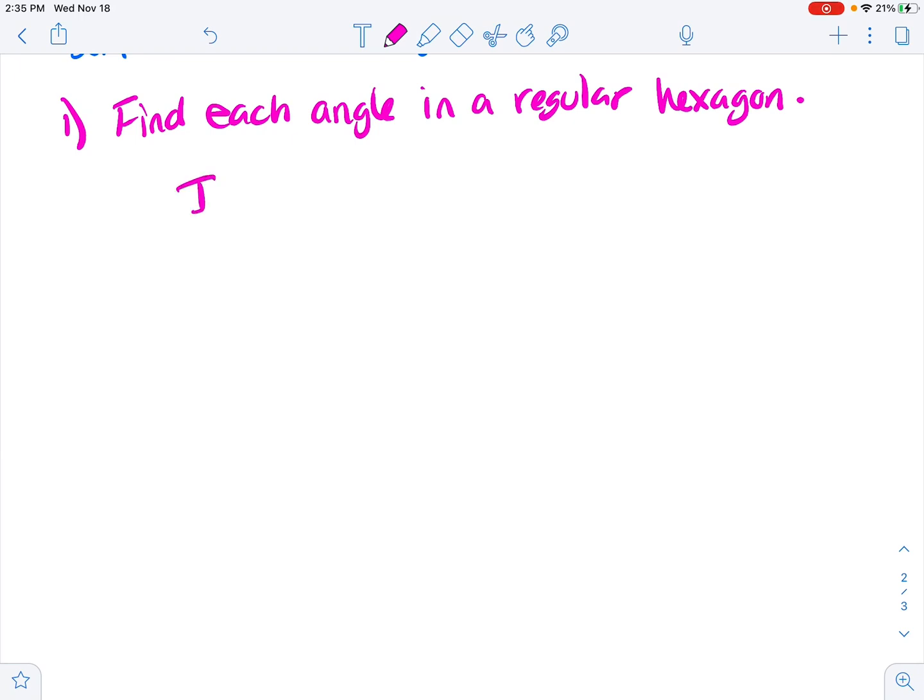And let's go ahead and do the interior, and we'll do each exterior just so we can practice it. Okay, so a hexagon. How many sides does a hexagon have? A hexagon has 6 sides. You need to know that. Okay, so if we have a 6-sided figure, if you need your visual, we can always draw it.